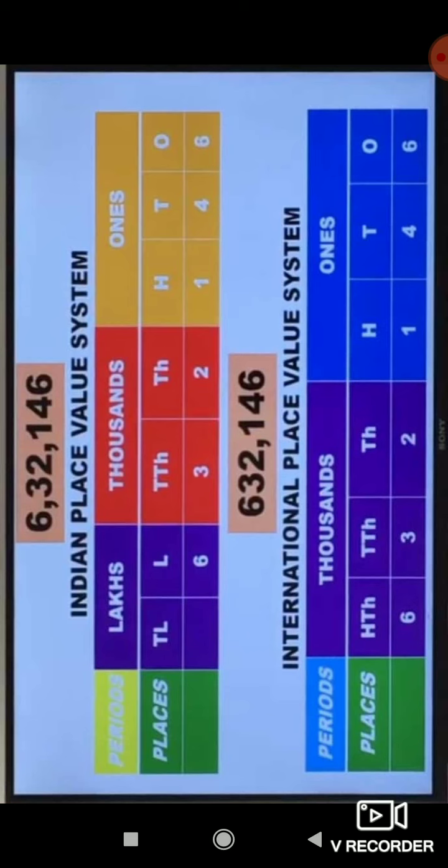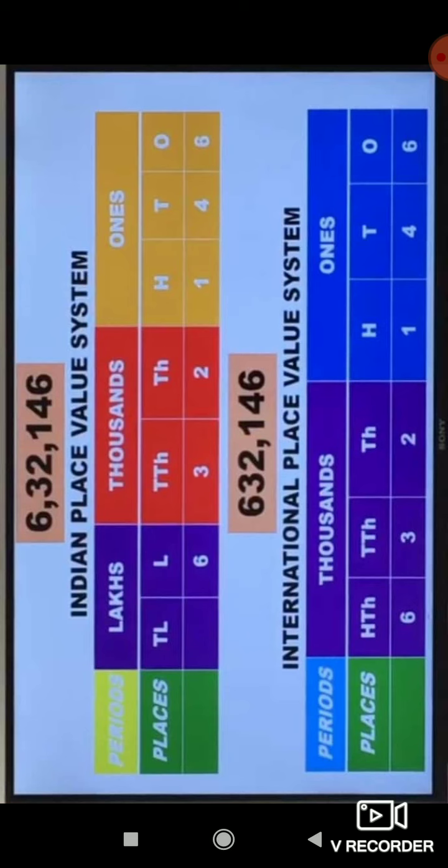Therefore, 632,146. In the international place value system, every 3 digits from the right form one group, that is 146 is one group and 632 is another group.